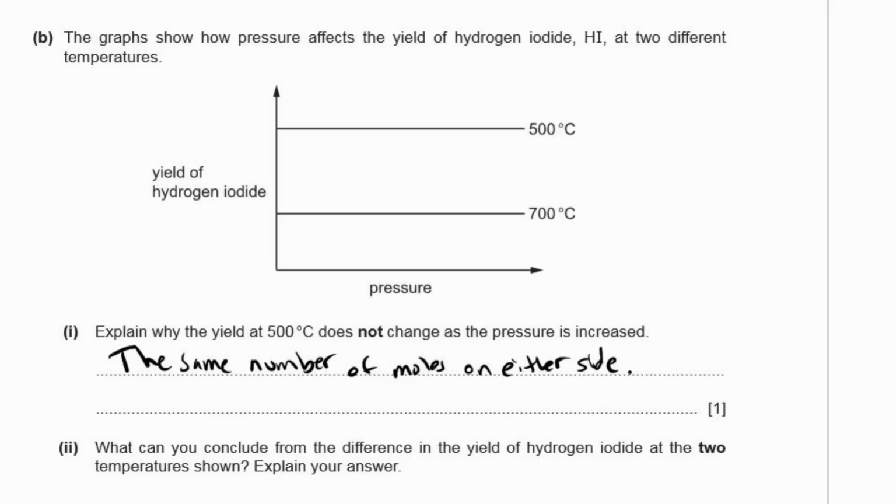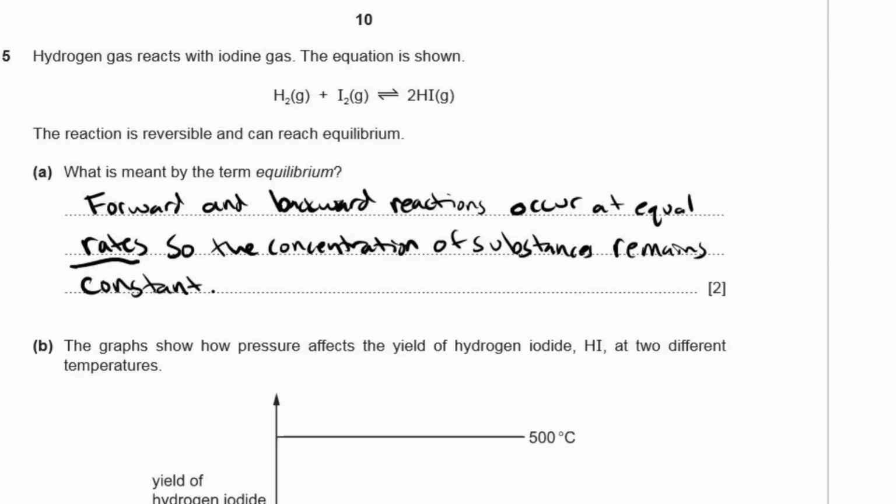Remember, when you're looking at gases, that's 1 mole here and 1 mole here, so on this side there's 2 moles, and on this side there's 2 moles. If the number of moles are the same on either side, then changing the pressure does not change how much is produced.